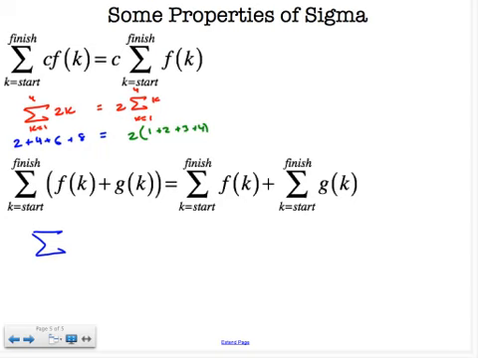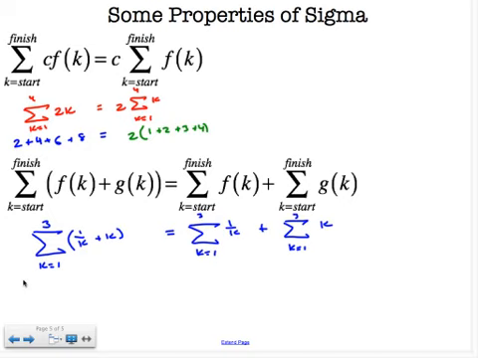We take the sigma, let's do 1 over k plus k is our expression on the inside. And again, we'll have k start at 1 and end at, let's stop at 3 this time. The rule says that would be the same as the sum of k equals 1 to 3, 1 over k, plus a second sigma. Again, k starts at 1, ends at 3. This time k would be on the inside. Let's verify that these are the same.